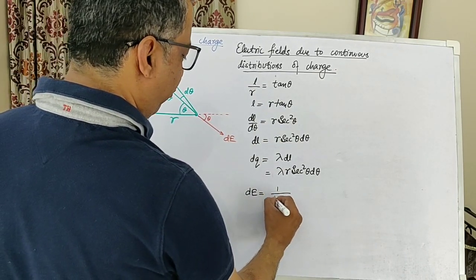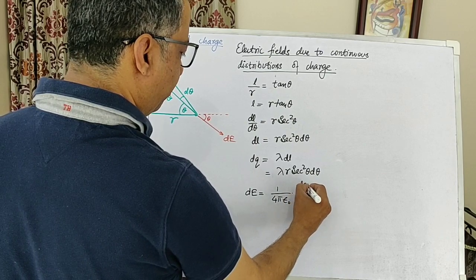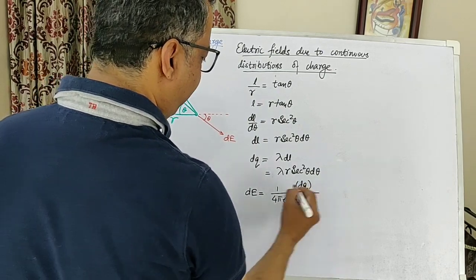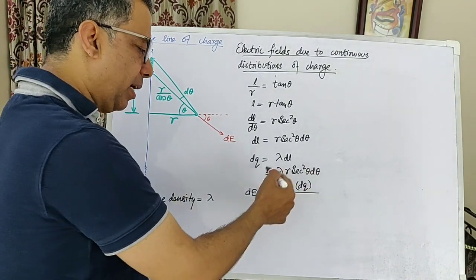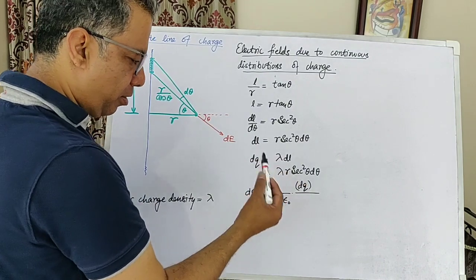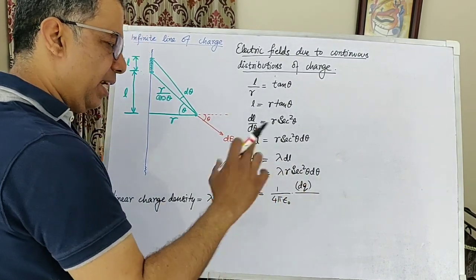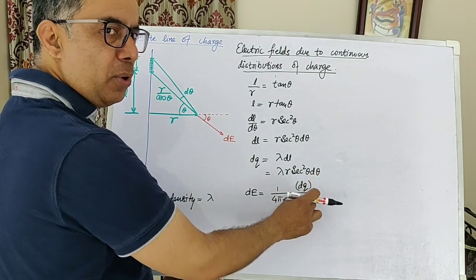So dE now comes out to be one by 4 pi epsilon naught dq divided by square of its distance. We are using the expression for the electric field due to a point charge. So the electric field due to a point charge is 1 by 4 pi epsilon naught q by r square.